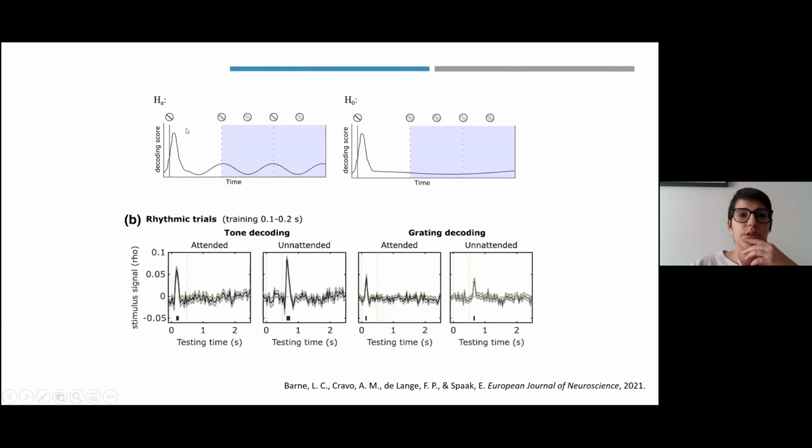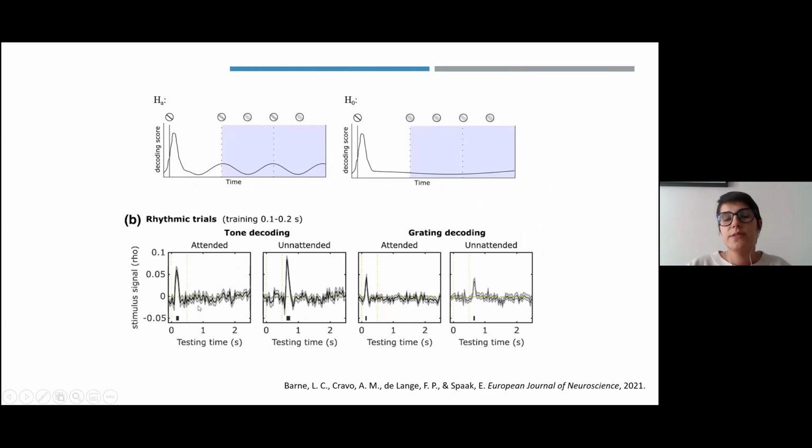And so here is the expectation. Since we had 6 different orientations and 6 different tones, we could try to classify them in this silent period. And here 0 is when the target was presented, and the probe could happen 2.5 seconds after.